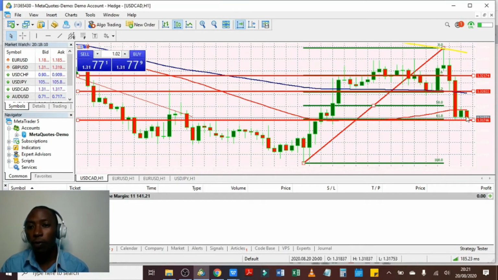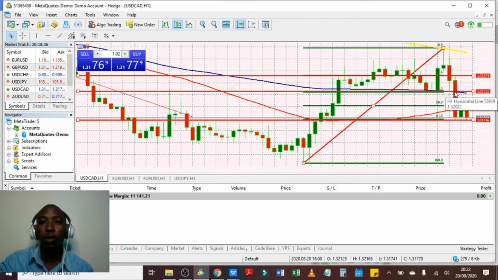If the price breaks the 61.8 level, then for sure it will roll down all the way to the 100% level. And if the price bounces off the 61.8 level, then it will go all the way to the 50 level. It can retrace back to 61.8 or go all the way to the 38.2 level.